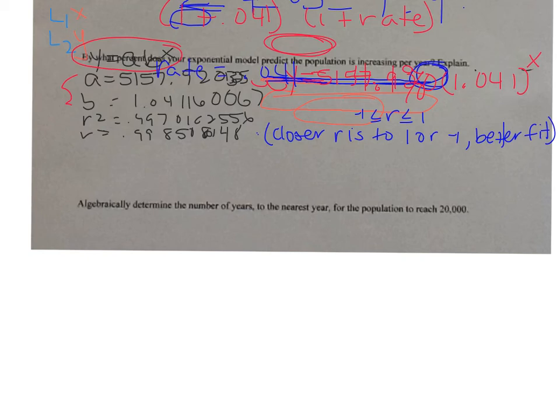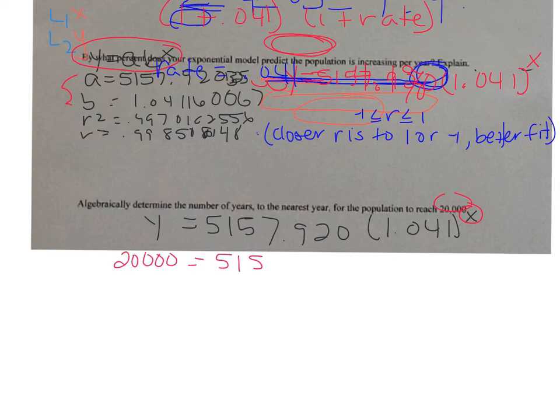So I'm using the equation y equals, this is the one that we wrote down before, 5157.920 times 1.041 to the x power. So they want us to find how many years, that's your x, for your population to reach 20,000. That's your y value. So 20,000 is equal to 5157.920 times 1.041 to the x power.